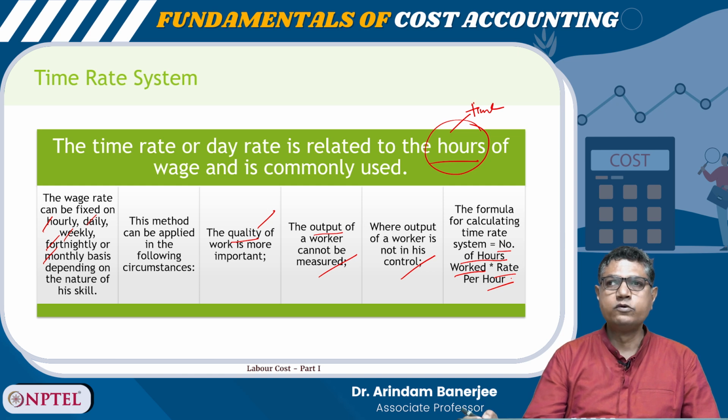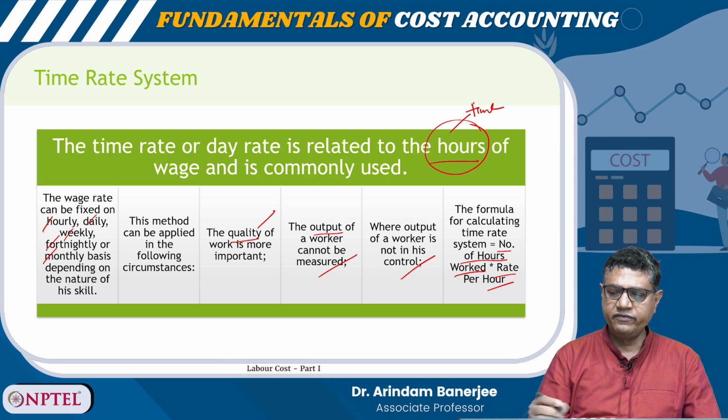So, how can I calculate how much wage needs to be paid? I can simply calculate how many hours he has worked, and multiply it with the hourly rate. It can be done on a daily basis also, on a monthly basis also, but it is linked to the time spent.